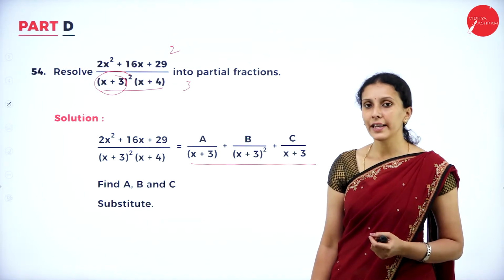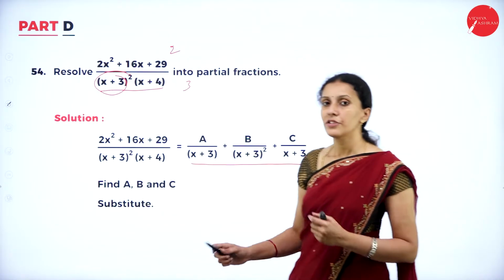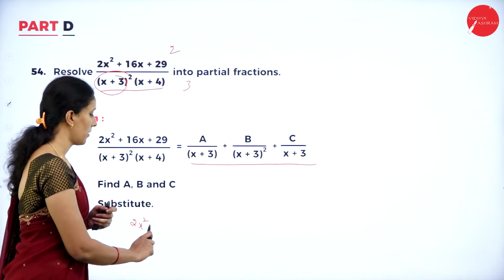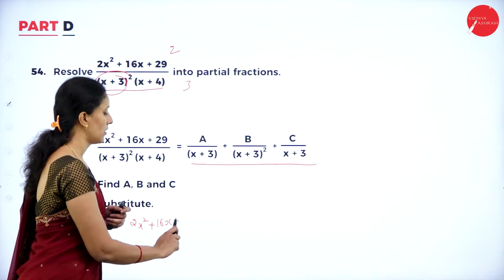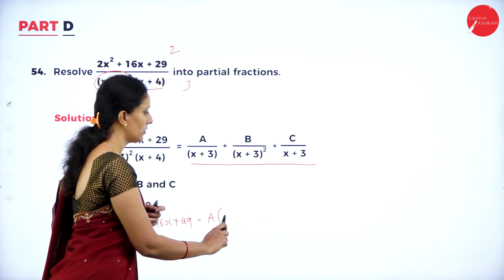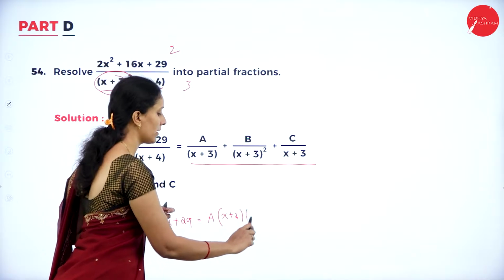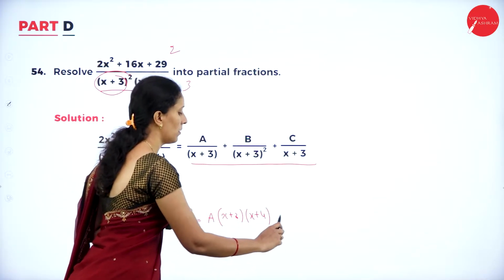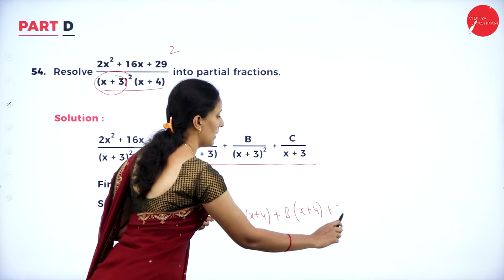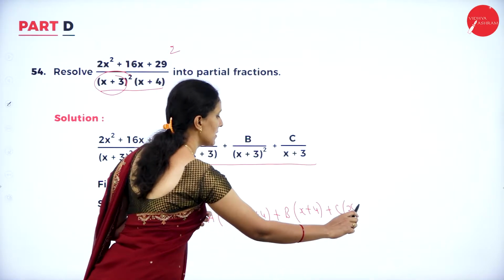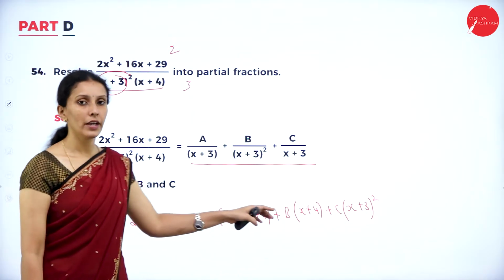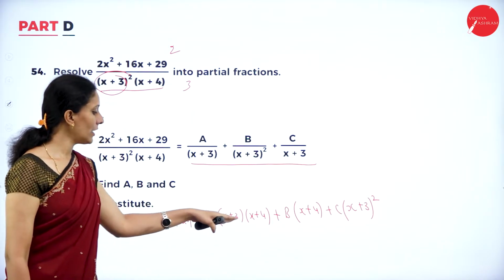After finding this, we can generalize the equation to form 2x² + 16x + 29 is equal to a(x + 3)(x + 4) plus b(x + 4) plus c(x + 3) whole square. So, this is the equation given. Now, substitute the linear factors.